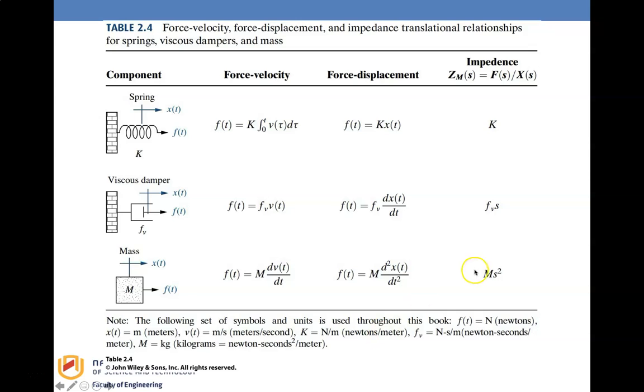In your textbook, you'll find these relationships. We have a spring, viscous damper, and the mass. And this is the force-velocity relationship. So if you try to relate the force with the velocity, and in this case for spring, we know that F equals kx, but x then is the integral of velocity, and that's why we have k integral of velocity, because this is force velocity.